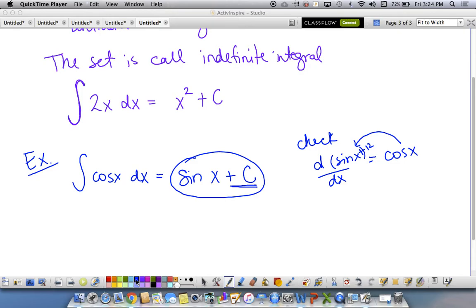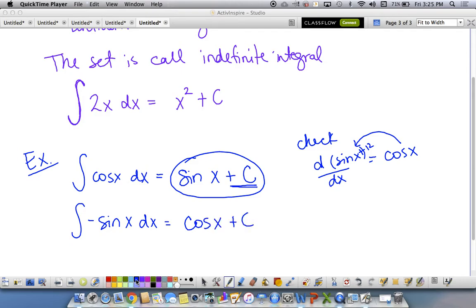Let's do another one. What about the integral of negative sine x dx? What function's derivative gives me negative sine x? Of course, it's cosine x.